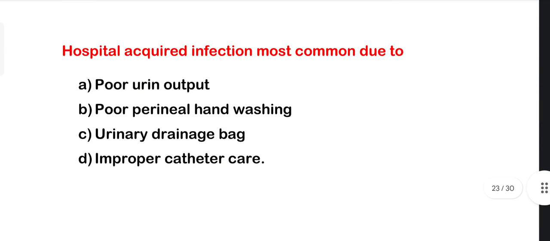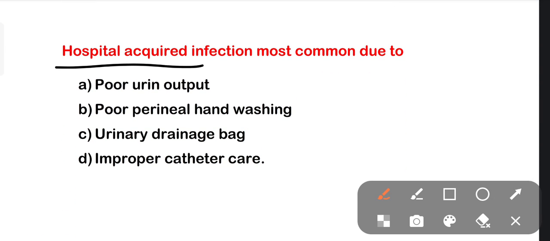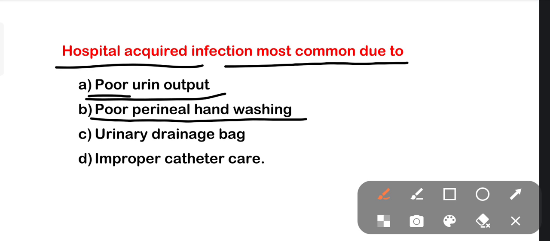The next one is, hospital acquired infection is most common due to. So what is the main and common cause for acquiring hospital infection? Hospital infection is nothing but nosocomial infections. Options are poor urine output, poor perineal hand washing, urinary drainage bag, and improper catheter care.